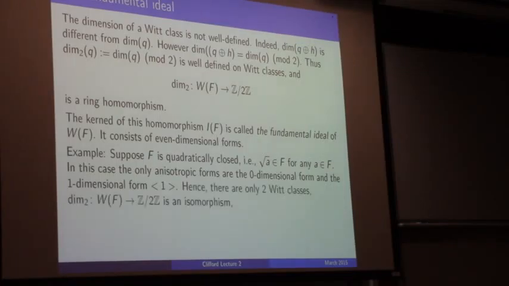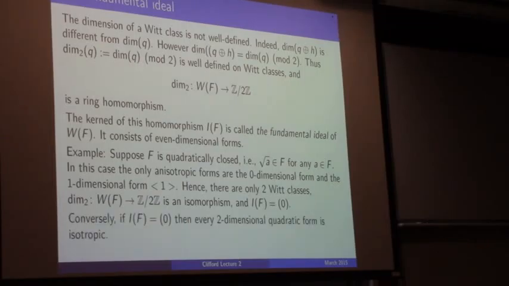So in this case, this homomorphism is an isomorphism. But that's really not the kind of field we're interested in. And conversely, if this homomorphism is an isomorphism, then the field is quadratically closed.